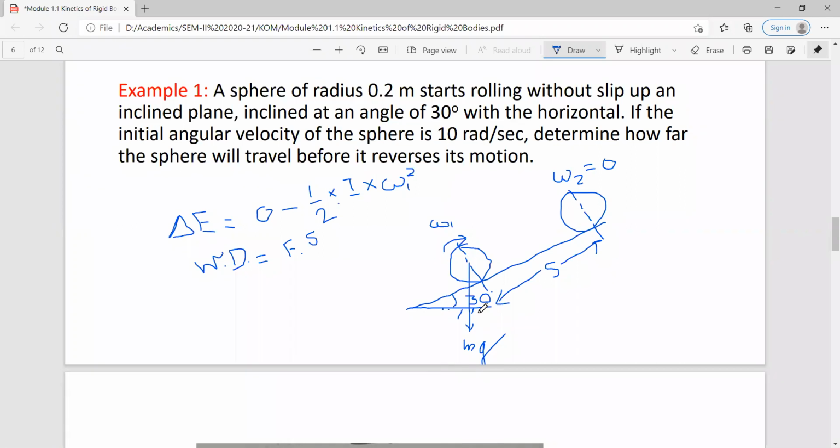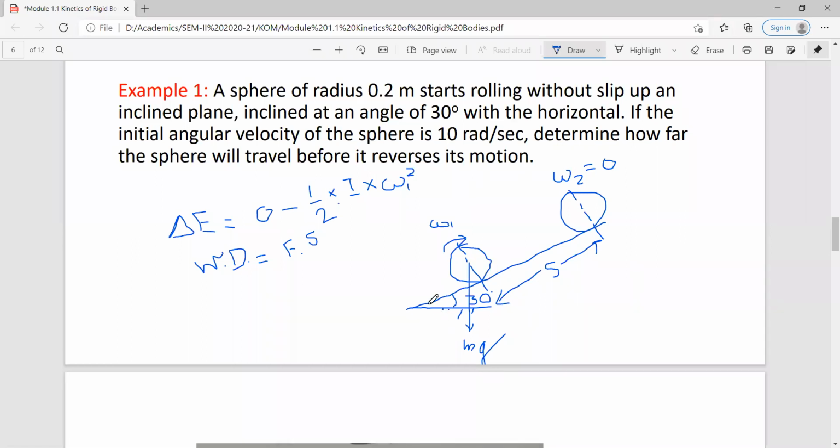So now I have to find a component of this weight which is acting along the plane, so I will resolve the weight along the plane and perpendicular to the plane in two components.